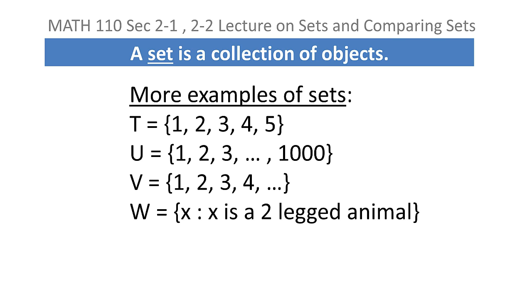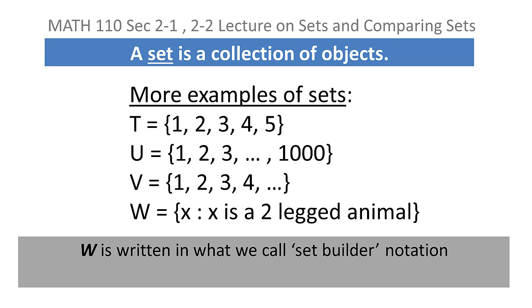This one's a little different. We're going to call the set W this set. Now, we need to talk a minute about what that means and how to read it and think about it. This is called set builder notation. Sometimes the objects in the set are such that it's very time consuming or awkward to list them all, even if there's a pattern or not. So there's also the possibility of just saying what the set is, and this is what set builder notation does. It just describes the set.